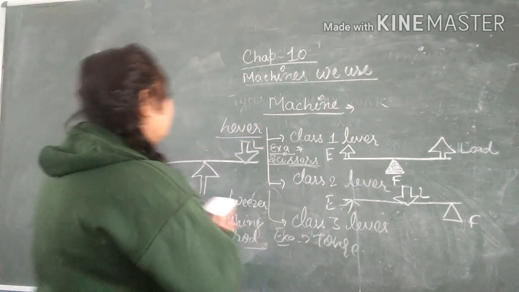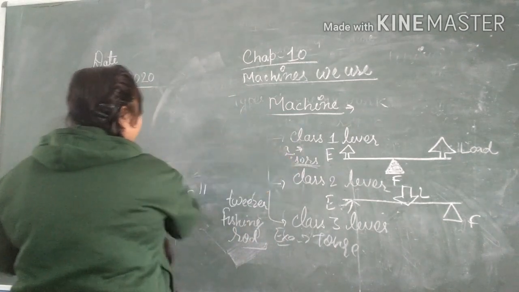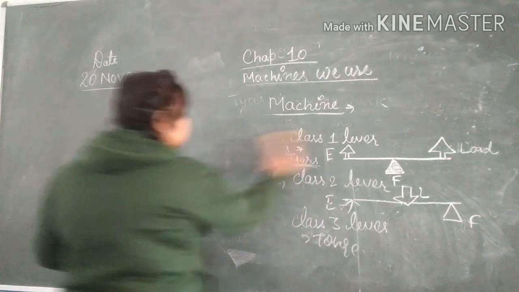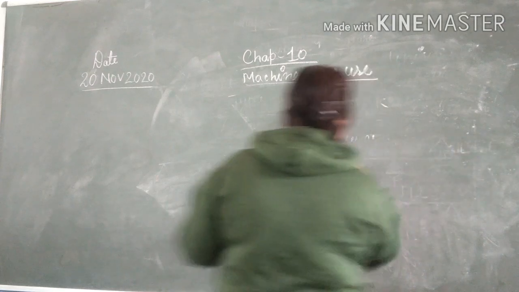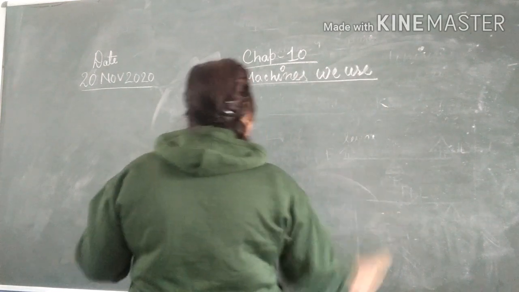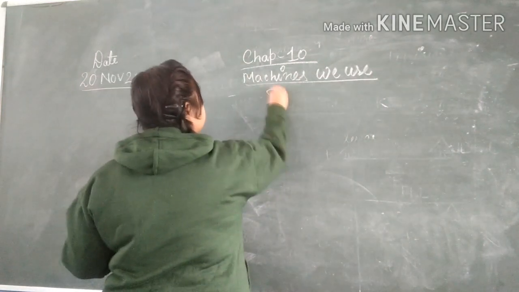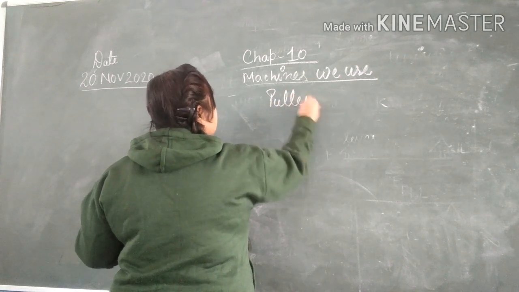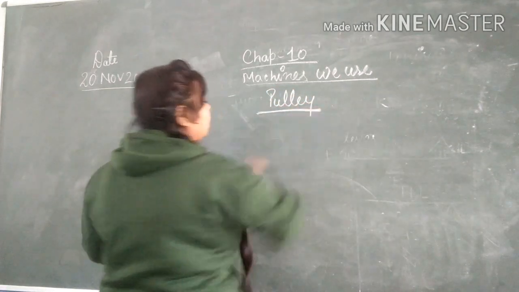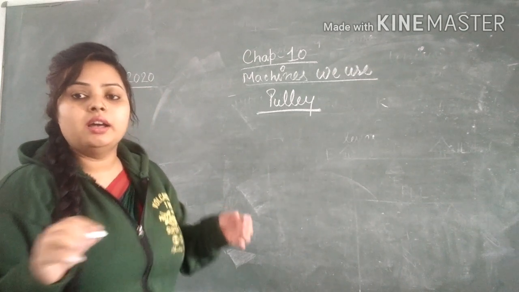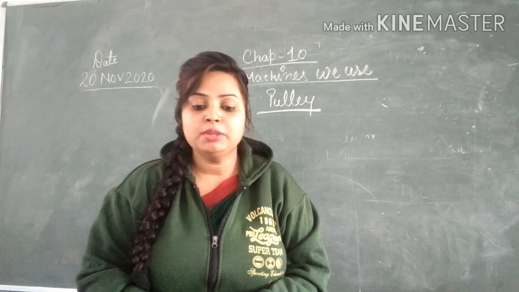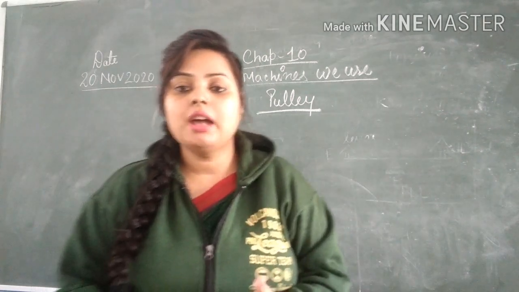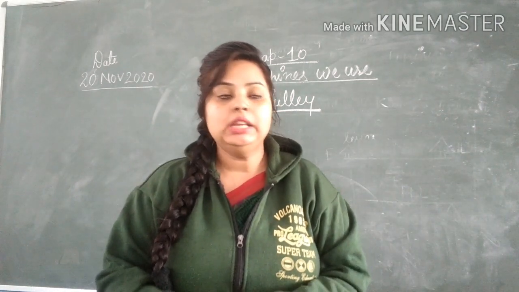Now moving on to the next topic, and the next topic is pulley. This one is also a type of simple machine. A pulley is a grooved wheel.